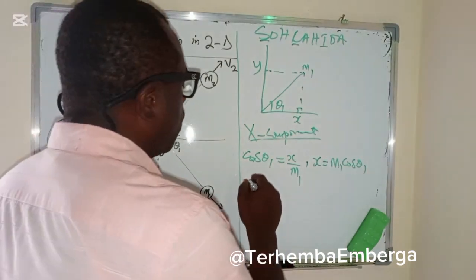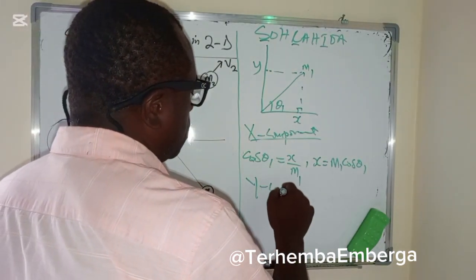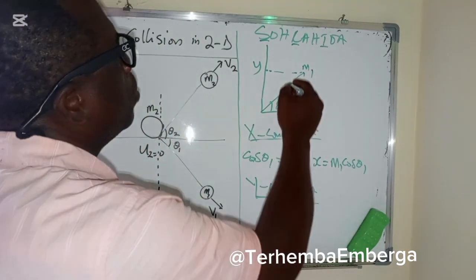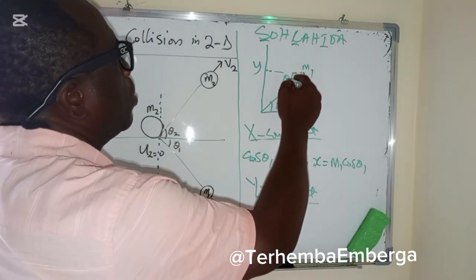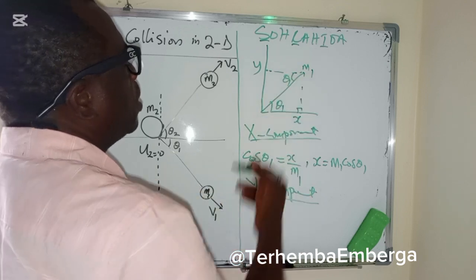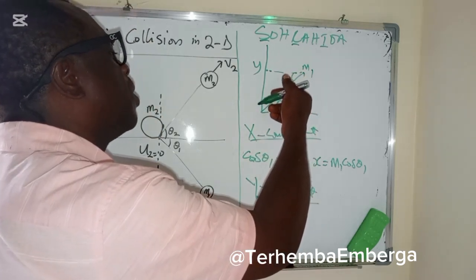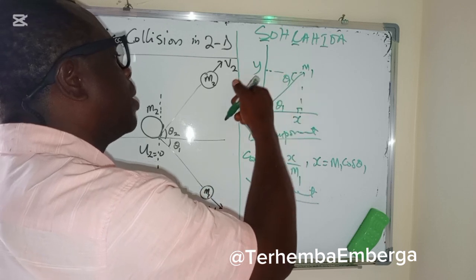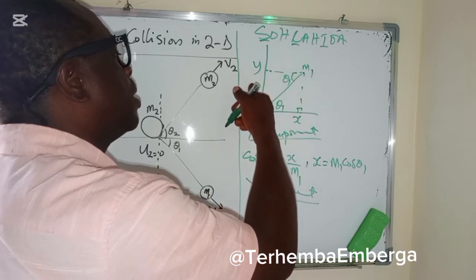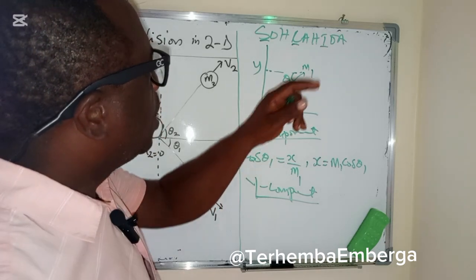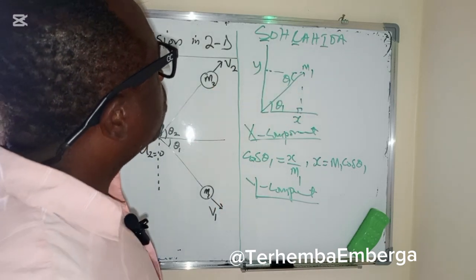If you want to resolve this on the y component, we will now consider this angle. These are alternate angles. We still have the hypotenuse m1, and the opposite is the y axis, which is y. So in this case, you have opposite over hypotenuse.